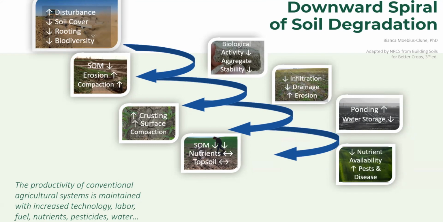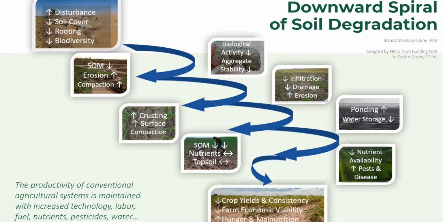And then we lose nutrient availability, right? Because physically the soil is really hard for roots to get into. It's not taking in enough water, and the way that roots take up nutrients is through the water in which those nutrients are dissolved. We get more pests and disease because those plants are stressed. And with that, crop yields and crop consistency decline. And so farm economic viability declines.